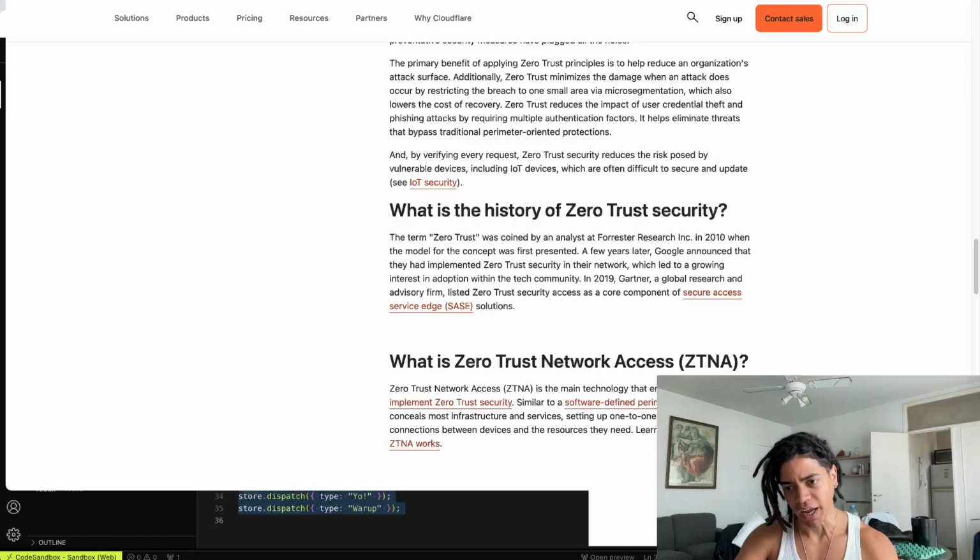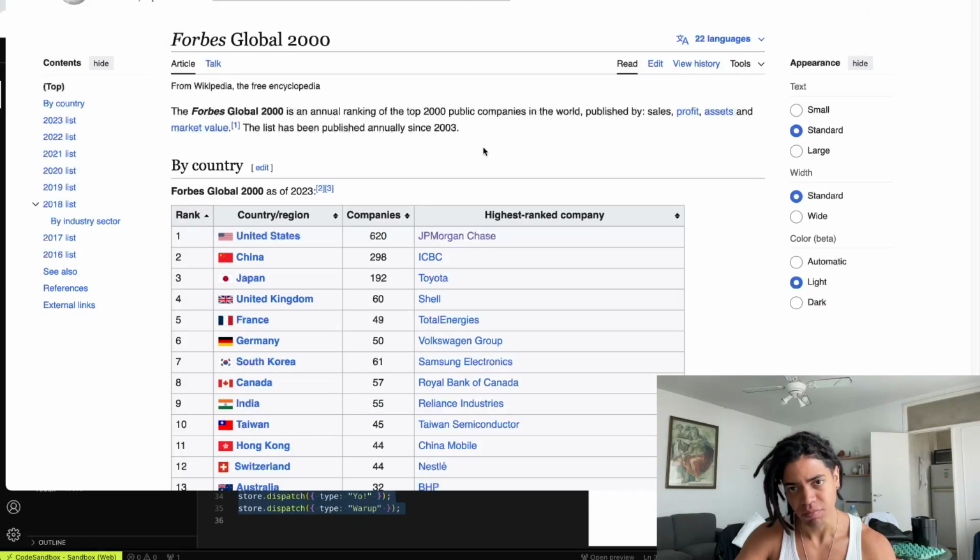This global annual ranking of the top 2,000 public companies in the world by sales, assets, profits, and market share.